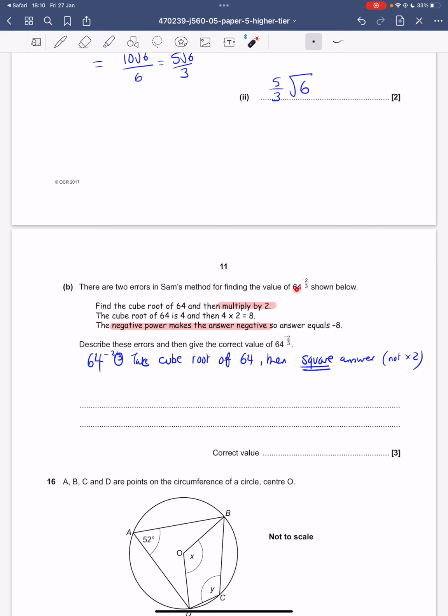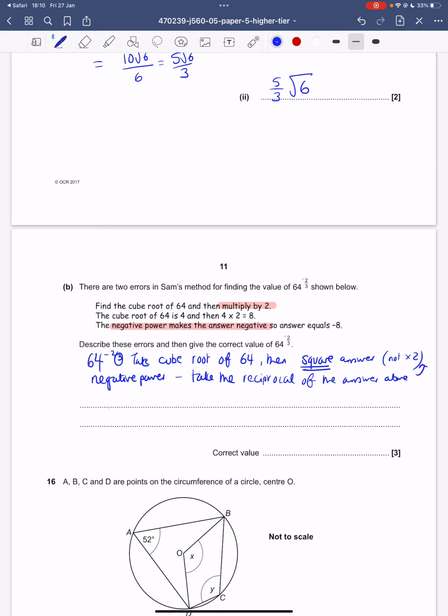So that's the cube root of 64. The numerator is the power: the cube root is then raised to that power 2. And then the negative power means that we take the reciprocal of the answer above, from that line there.